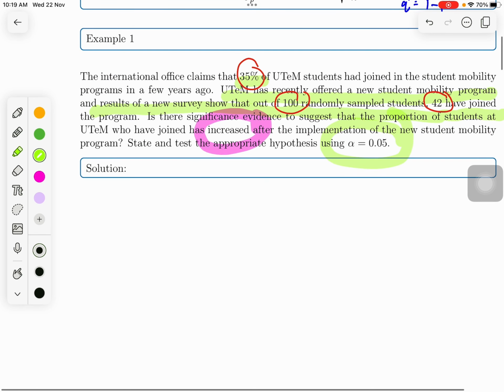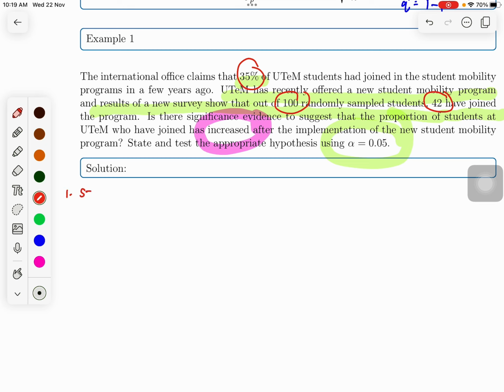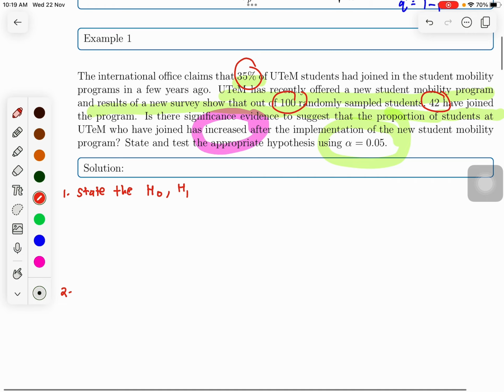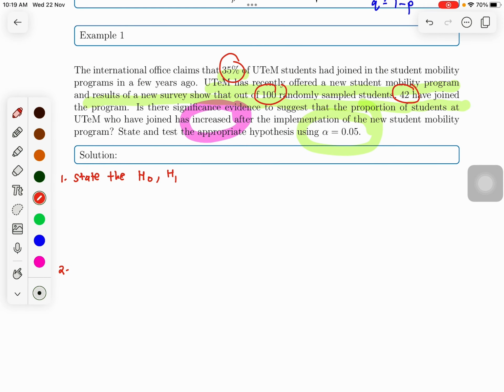Okay, first of all, the first step, you need to state the hypothesis, the null and alternative. And the second step, you need to find the significance level given by the question.